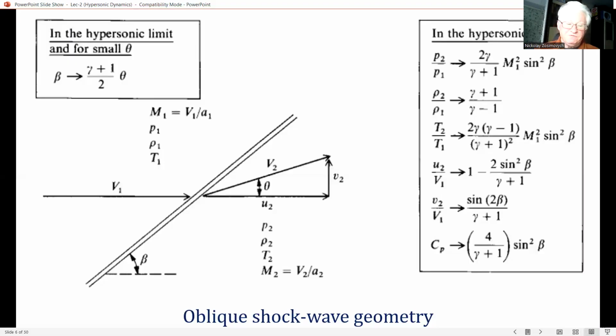Consider the flow through a straight oblique shock wave, as sketched in this figure. Upstream and downstream conditions are denoted by subscripts 1 and 2, respectively. Okay?